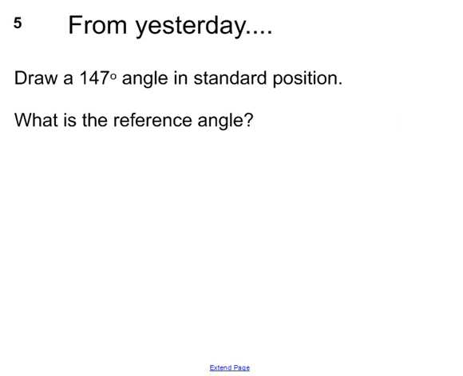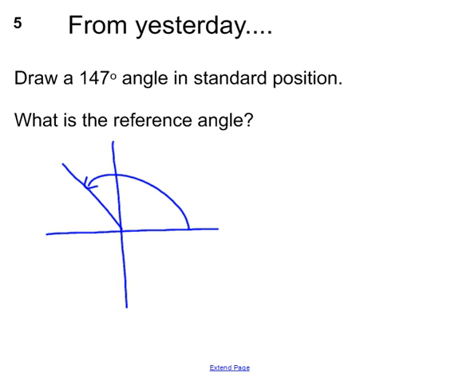All right, so from yesterday, we talked about angles and finding the reference angles. So let's see if we can find a connection. If I draw a 147-degree angle, that'll put me in the second quadrant. And I am more interested in my reference angle.